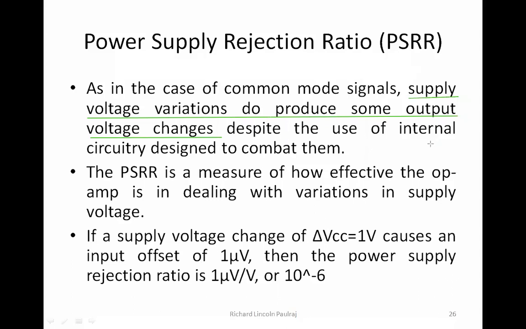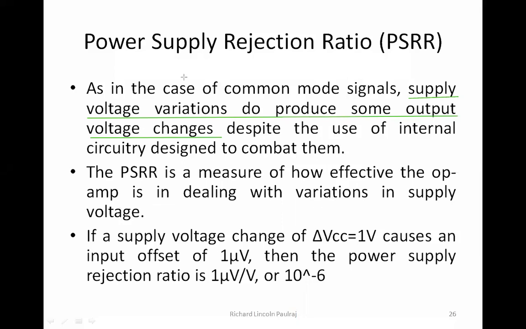Despite the use of internal circuitry designed to combat them, even though we have some circuitry to make sure that these levels of inputs are maintained, we can still see that it is not fully effective. So this PSRR is a measure of how effective the op-amp is in dealing with variations in supply voltage.